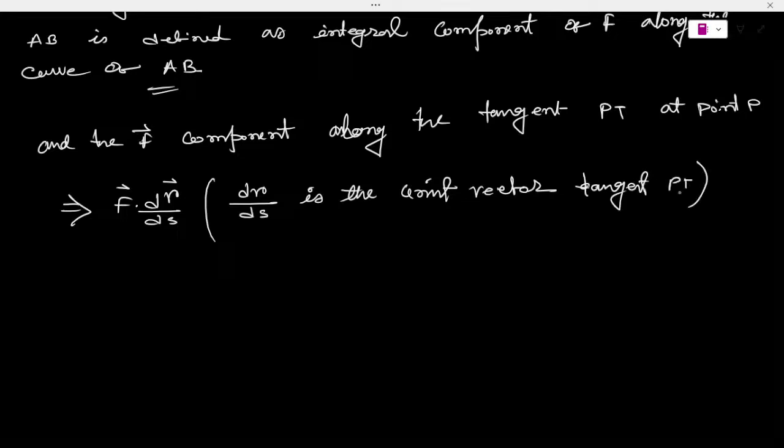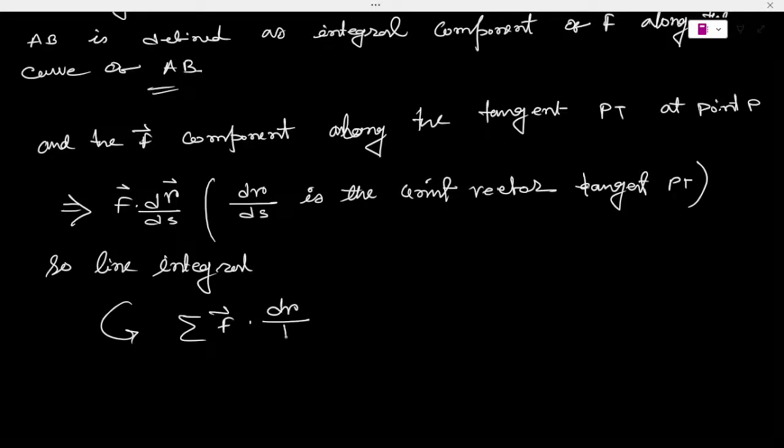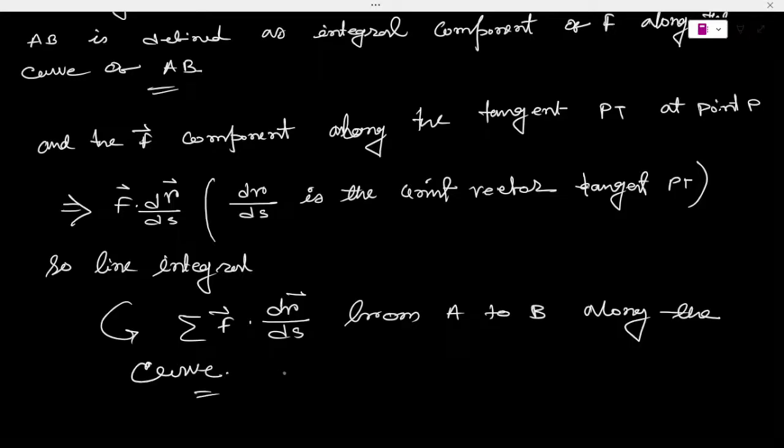And so the line integral will be the summation of f vector dot dr divided by ds, from A to B along the curve.